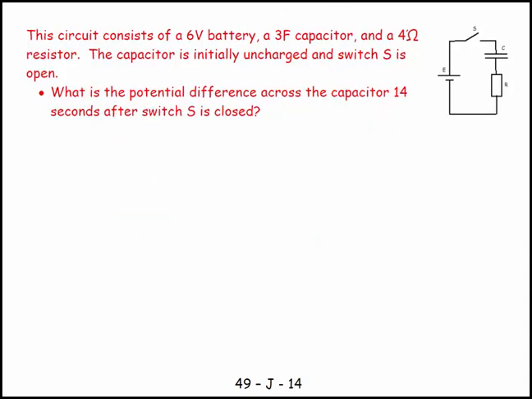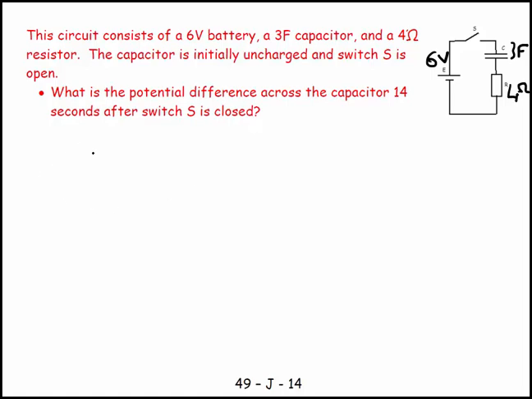Let's look at this next bit. This circuit consists of a 6 volt EMF, a 3 farad capacitor, and a 4 ohm resistor. It's the same circuit. What is the potential difference across the capacitor 14 seconds after switch S is closed?